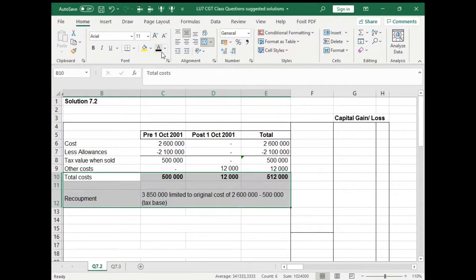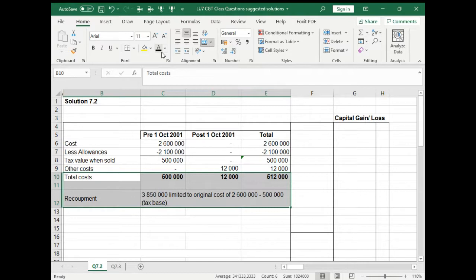Okay, so let's just take a step back. Recoupment is basically recovering any capital allowances that I was allowed to previously deduct for tax purposes. Okay. Recoupment is capped at the original cost.